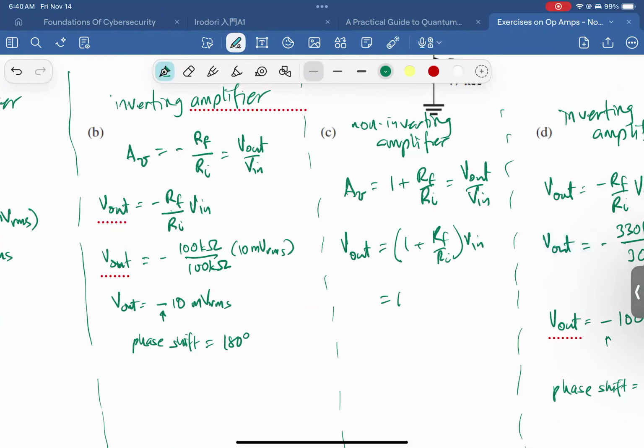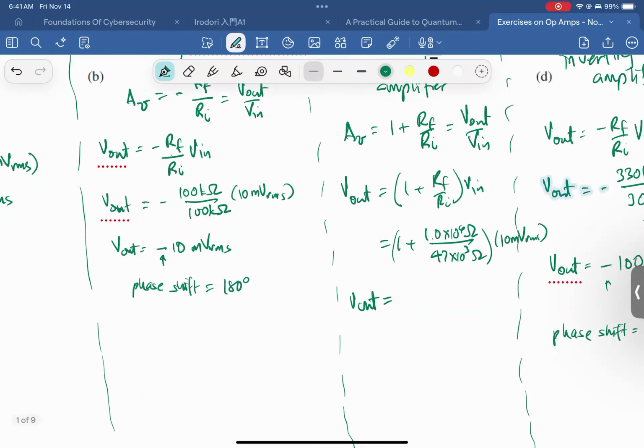So this will become 1 plus 1.0 times 10 to the 6 ohms divided by 47 times 10 to the 3 ohms, times 10 millivolts RMS. So ang gain is 22.3 times 10 millivolts RMS.